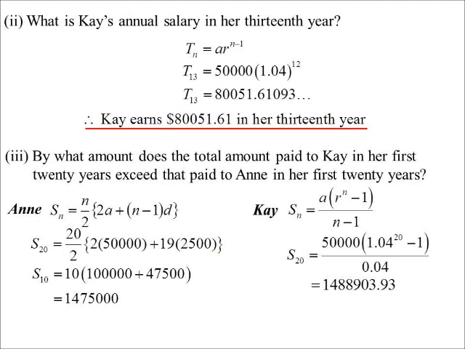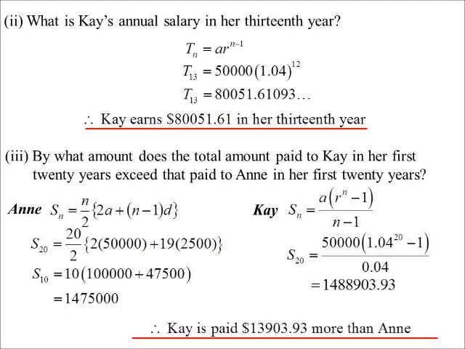Kay, geometric formula. She gets 14 million. No, sorry, not 14 million. Oh, that'd be all right, wouldn't it? 1,488,903. Maybe she took on the CEO of a bank or something. So she gets an extra, almost $14,000 there. That's $14,000.